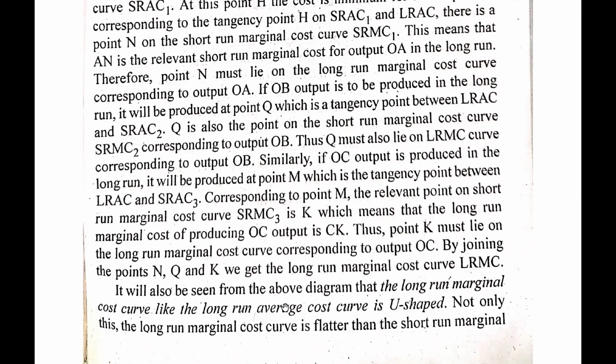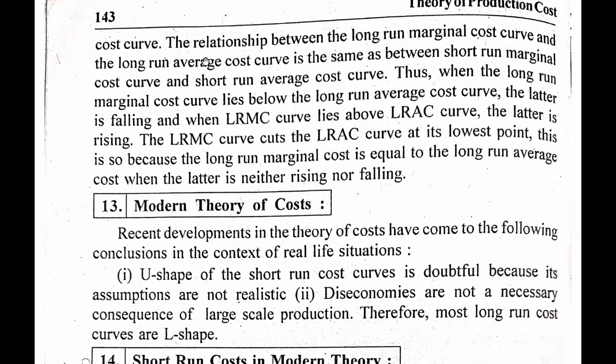It will also be seen from the above diagram that the long run marginal cost curve, like the long run average cost curve, is U-shaped. Both are U-shaped. Not only this, the long run marginal cost curve is flatter than the short run marginal cost curve. The relationship between the long run marginal cost curve and the long run average cost curve is the same as between the short run marginal cost curve and the short run average cost curve.